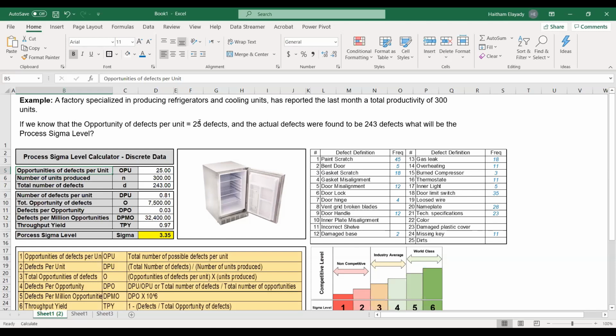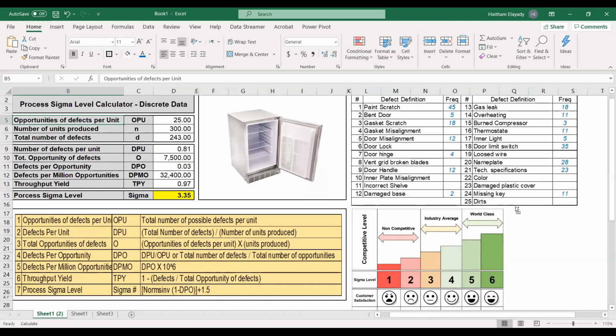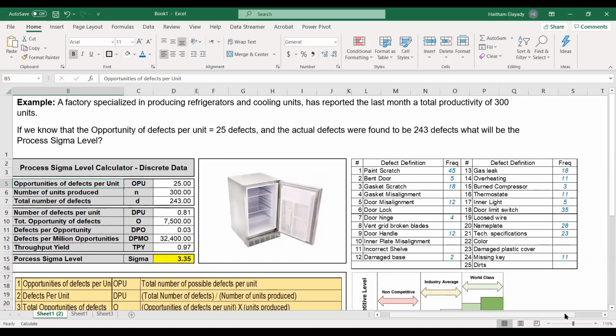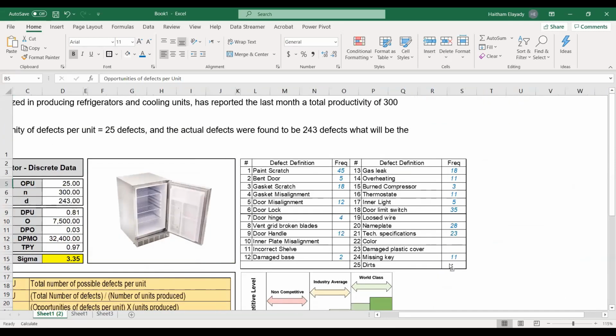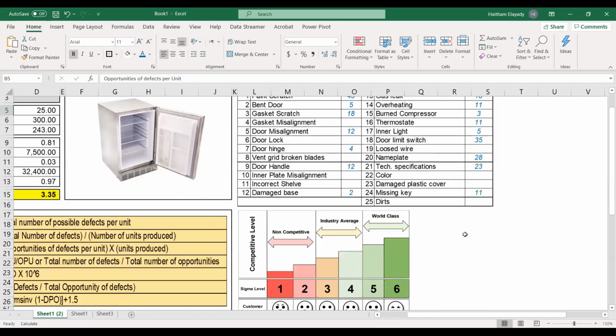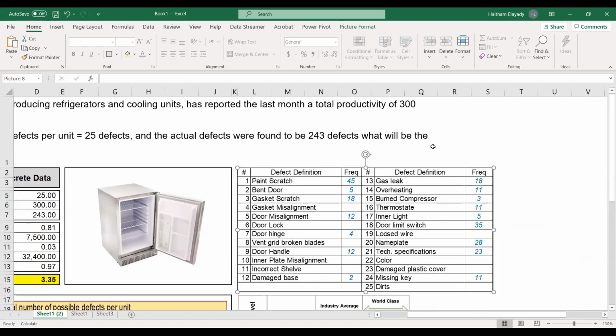Maybe someone might ask me, okay, how did you calculate those opportunities of defect, or from where can we get them? Well, if we look here at that table, where I can focus a little more, you can see that this is a checklist, and that checklist contains all the defined possible defects that might happen.